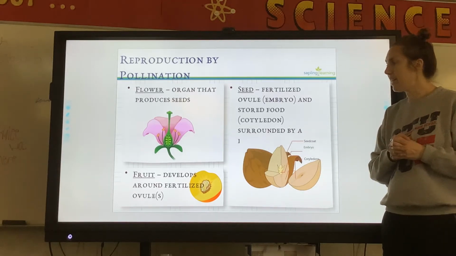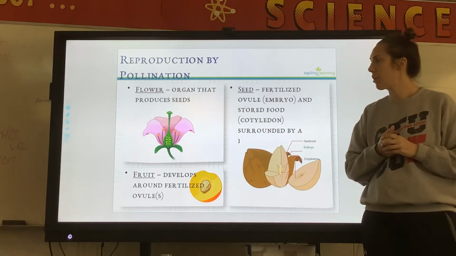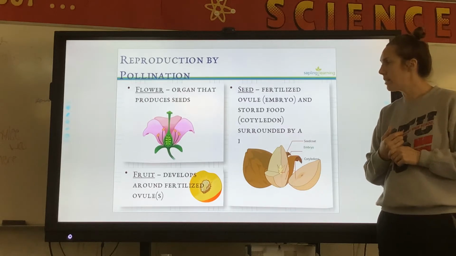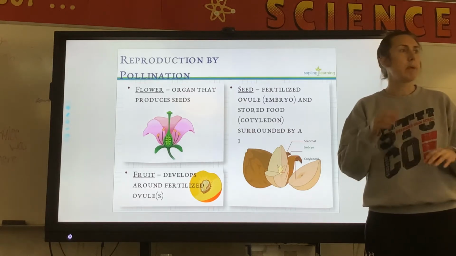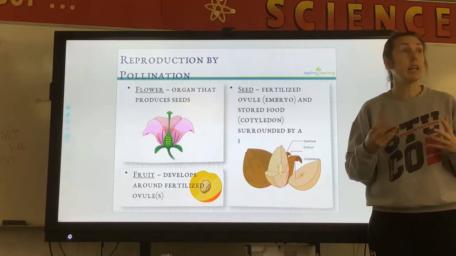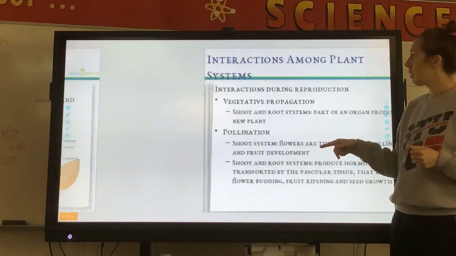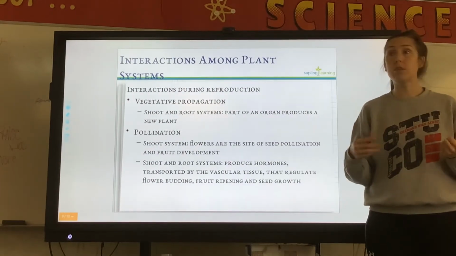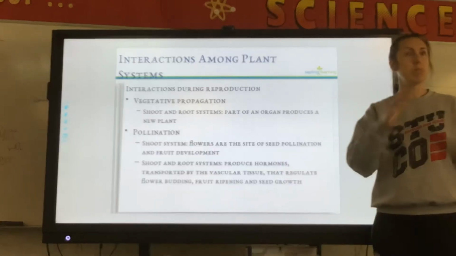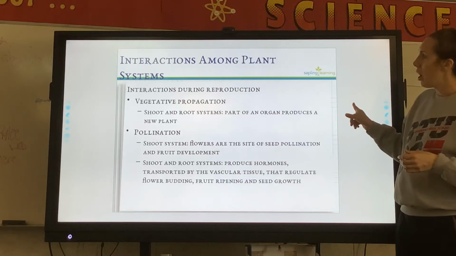We're only going to list that these are parts of the reproductive system of the plant. We're not going to go into any detail. Maybe in AP Bio we would. But just so you know, anytime you see fruits, nuts, berries, anything like that, flowers, pollen, those are all sexual parts of the plant. And some of the best pollinators are bees, wind, even just motion. Birds. Yeah, birds. Awesome. Okay.